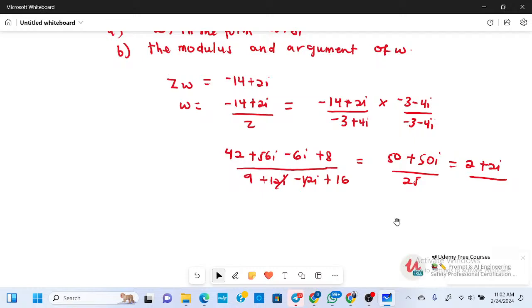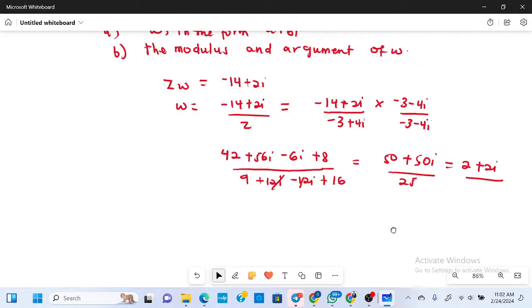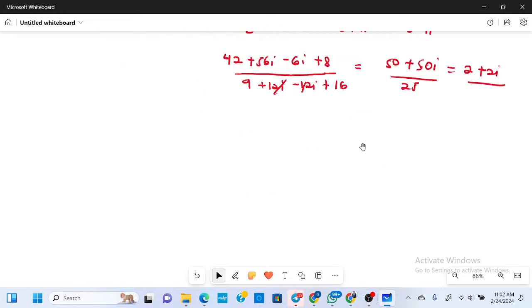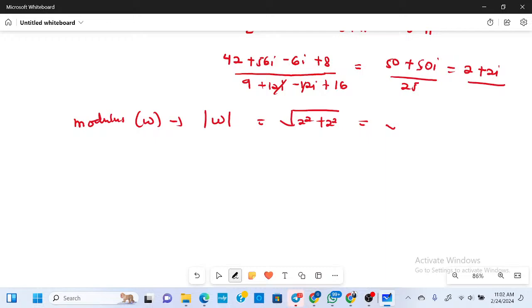But once I get w, it doesn't end there. We've been asked to find the modulus and the argument of w. So the modulus of w is giving us the square root of 2 squared plus 2 squared. And that is going to give us the square root of 4 plus 4, which is 8, right?